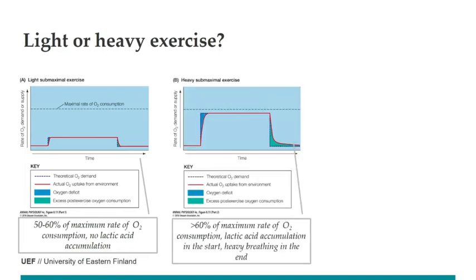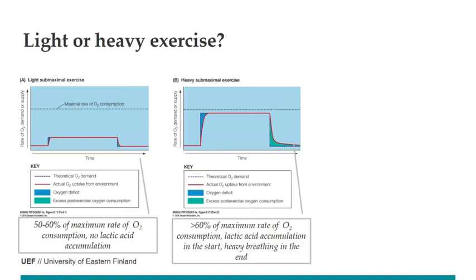Then, if we are doing heavy exercise, over 60% of the maximum oxygen consumption, there's lactic acid accumulation in the start, and there's heavy breathing, meaning excess post-exercise oxygen consumption. In the end, we will have heavy breathing to get rid of the lactate.